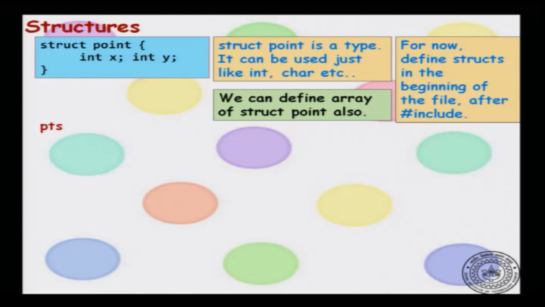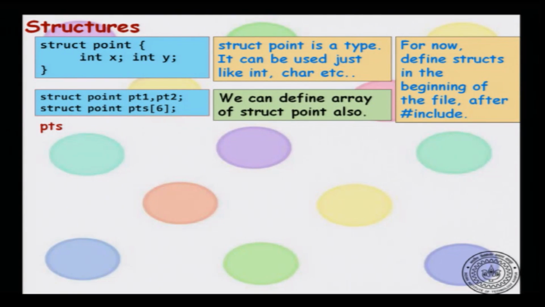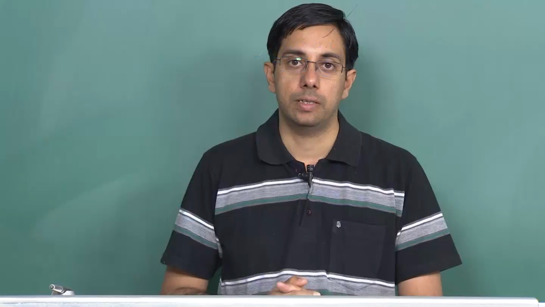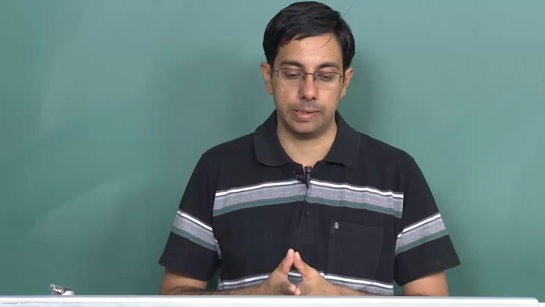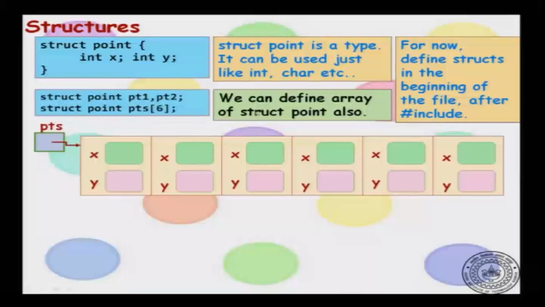You can declare array of int, array of characters and so on. Similarly, you can define a struct point array. C says that user defined data types are treated in the same way as the standard data types that it provides.